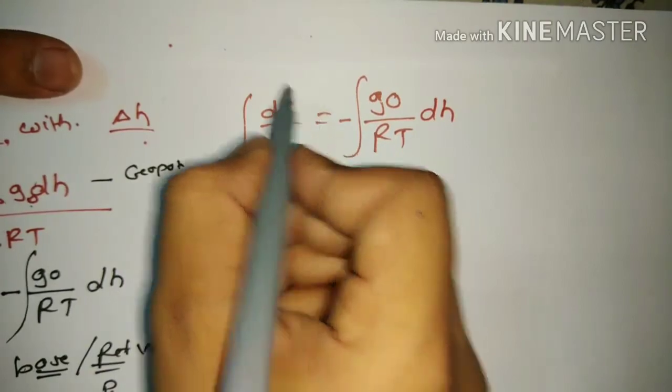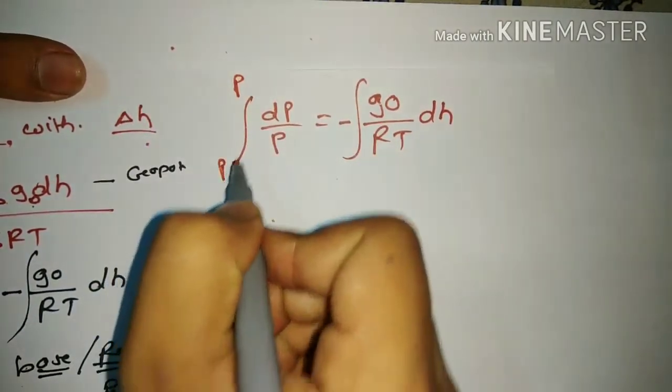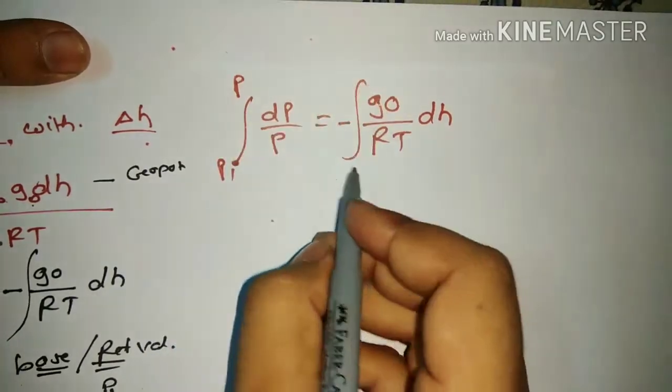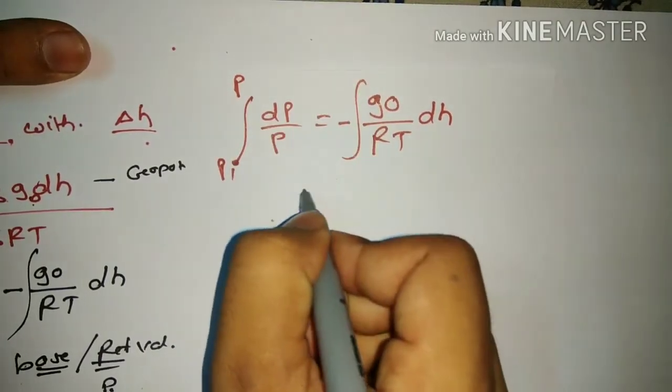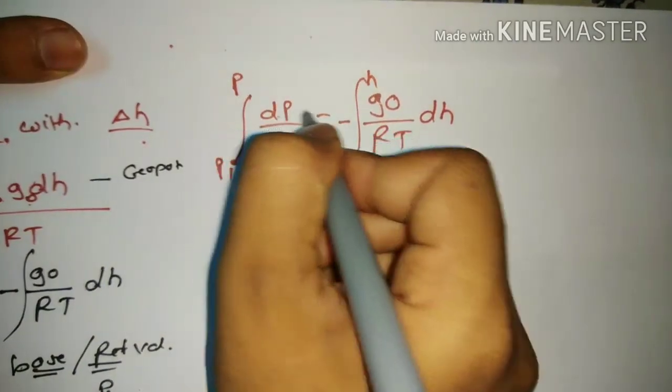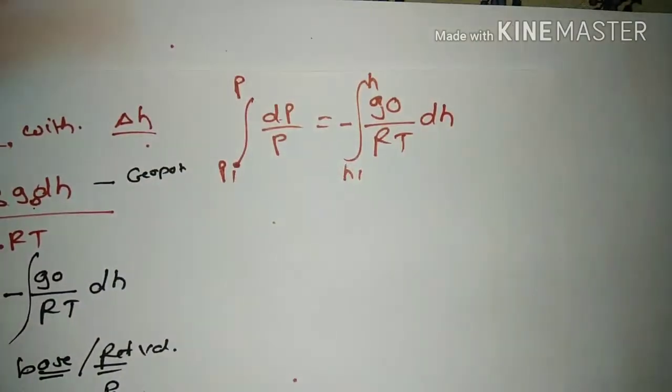So putting p to p1, from this value to this value, and in this case the same h1 to h, because this is h, this is dp, whatever is changing, that is the limit that should be there.